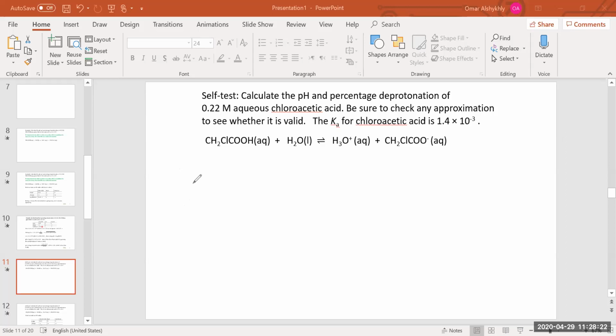So we will start also with the ICE table. Here 0.22 molar, 0, 0, minus x, plus x, plus x. So here 0.22 molar minus x, here x, here x.